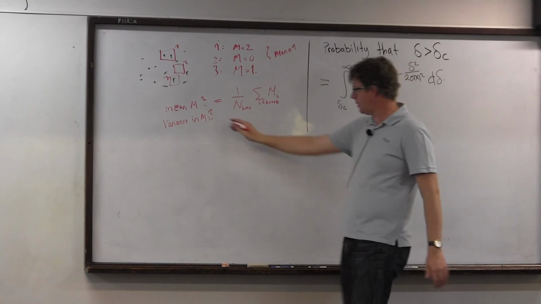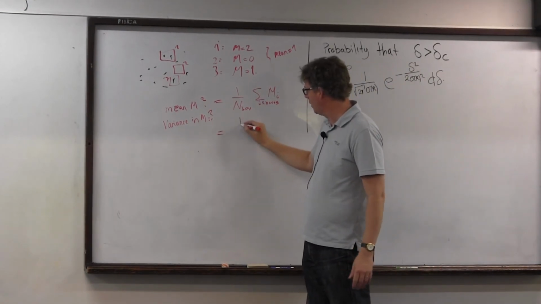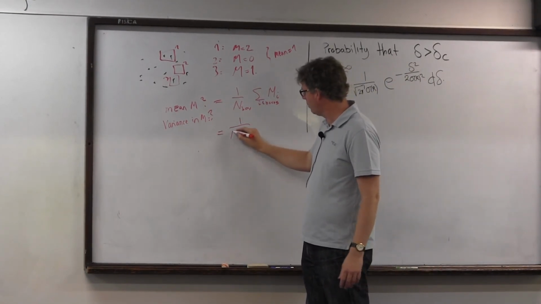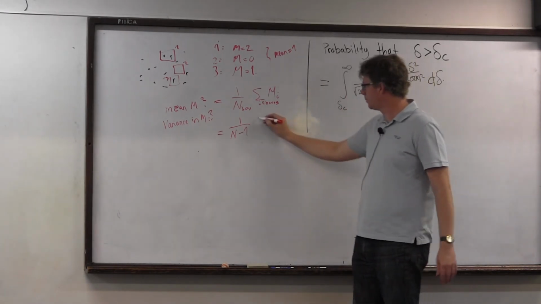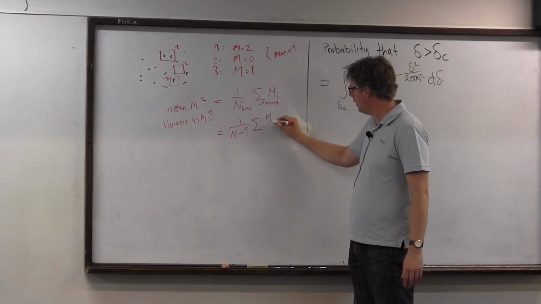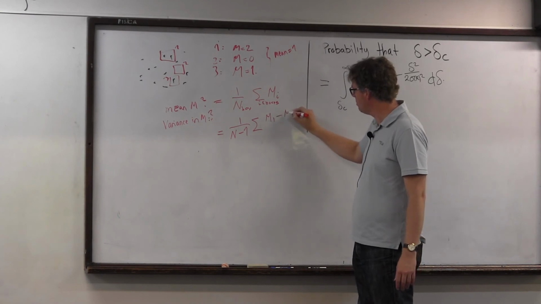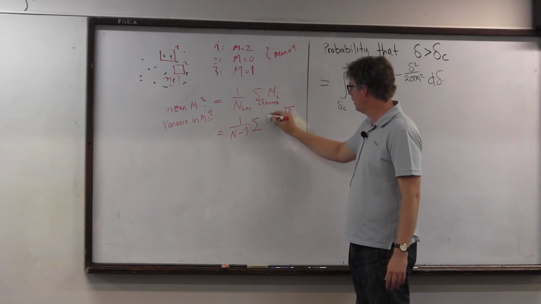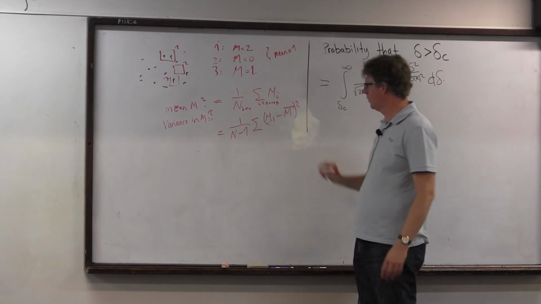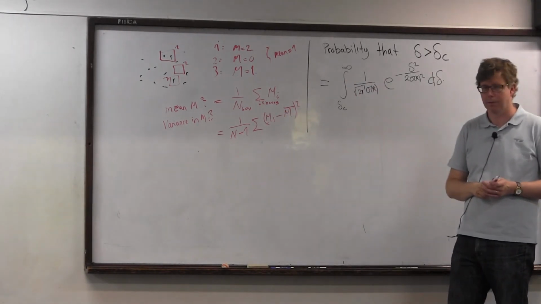Okay. In this case, to do this, well, it depends a little bit on how we do things here. Let's just write it like this. Mi minus the mean of m, which is this one, squared. Okay, that's what the variance is.